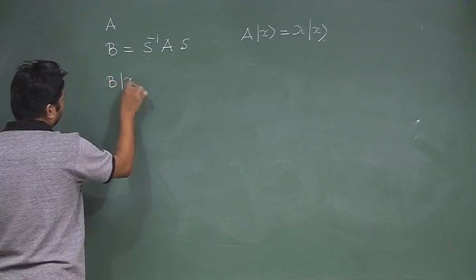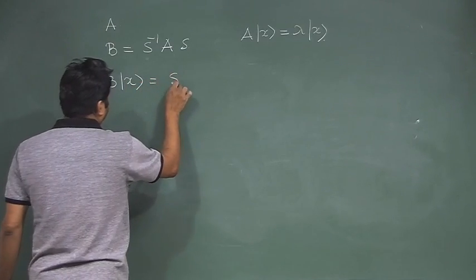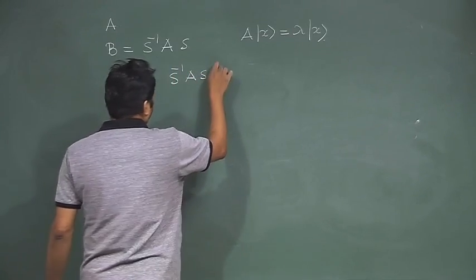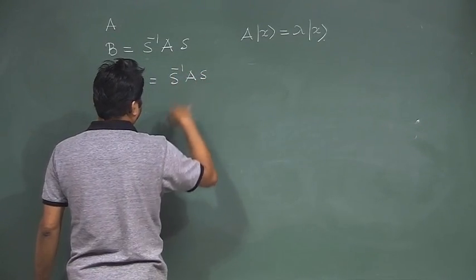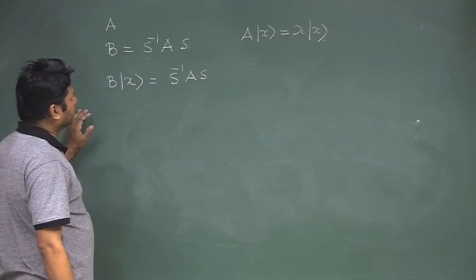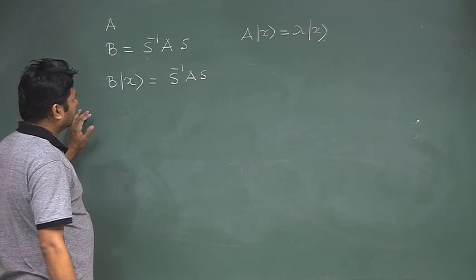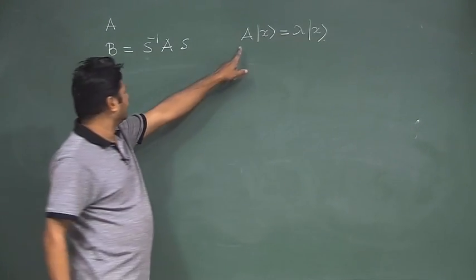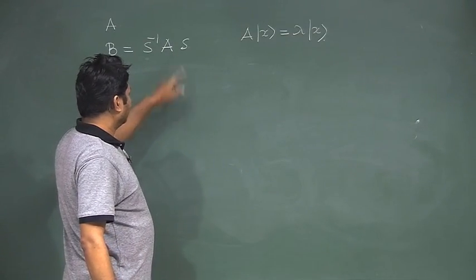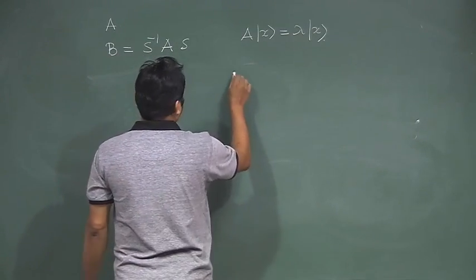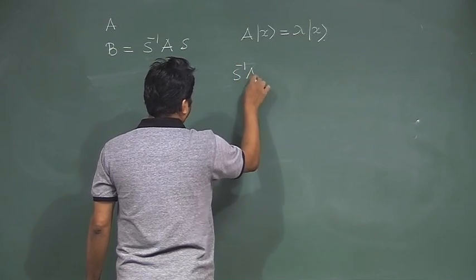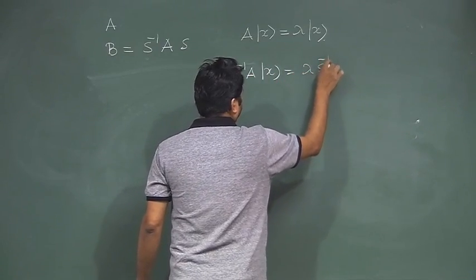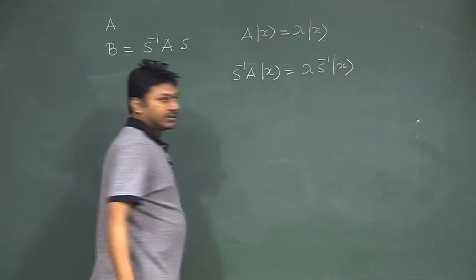So, if I operate B over x, I am operating A. Let me do it in that way. A is here, S is related to that. So, I write these things in this way: S inverse A x is lambda S inverse x.